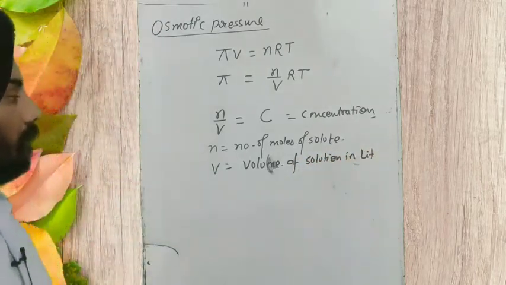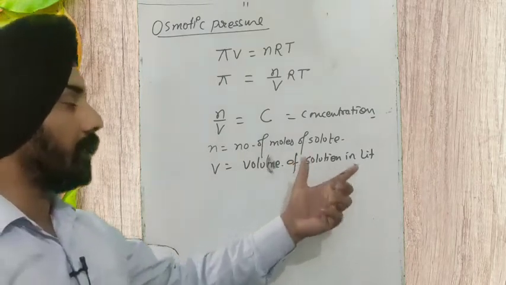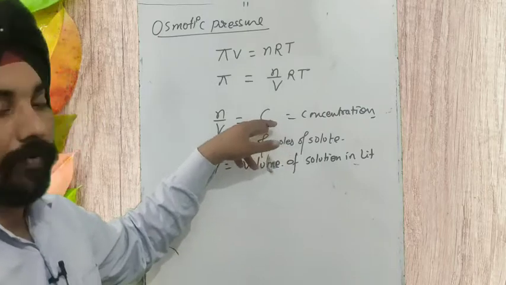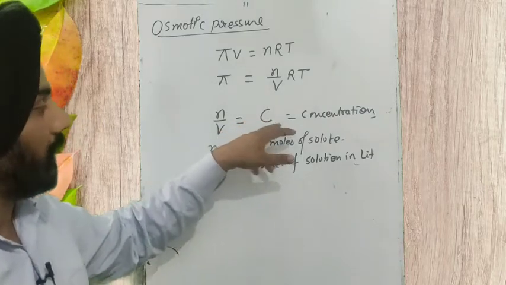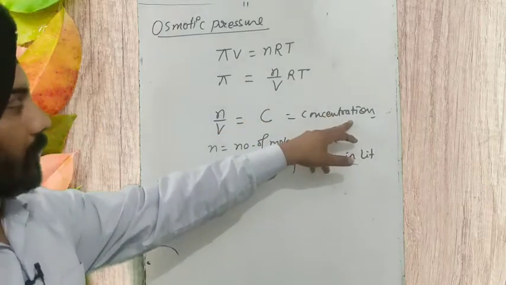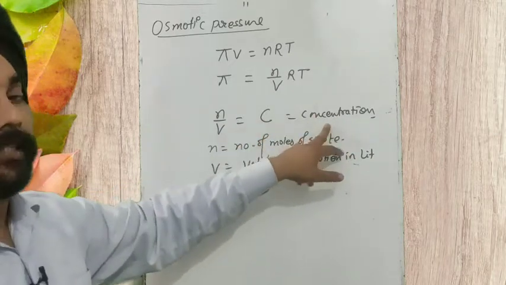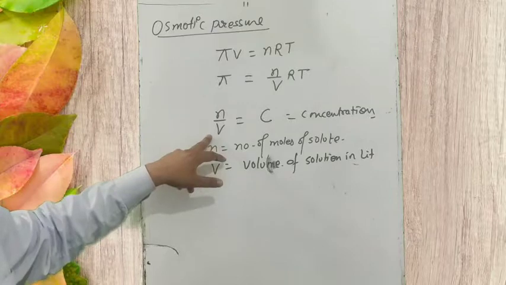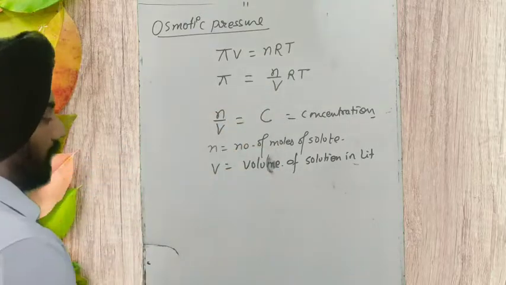Okay, so number of moles upon volume of solution in liters, that is called molarity, and that molarity we are explaining here with the concentration. So here I have written concentration. Okay, C is the concentration, that is molarity, that is the number of moles per liter of solution. R is the gas constant.